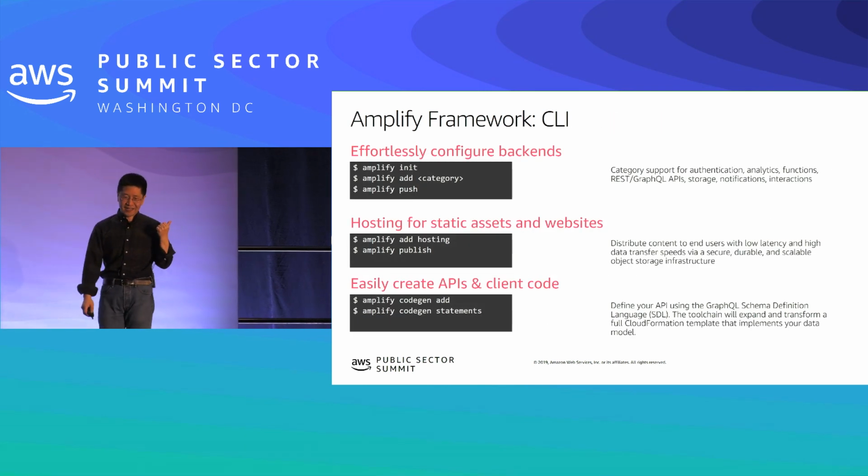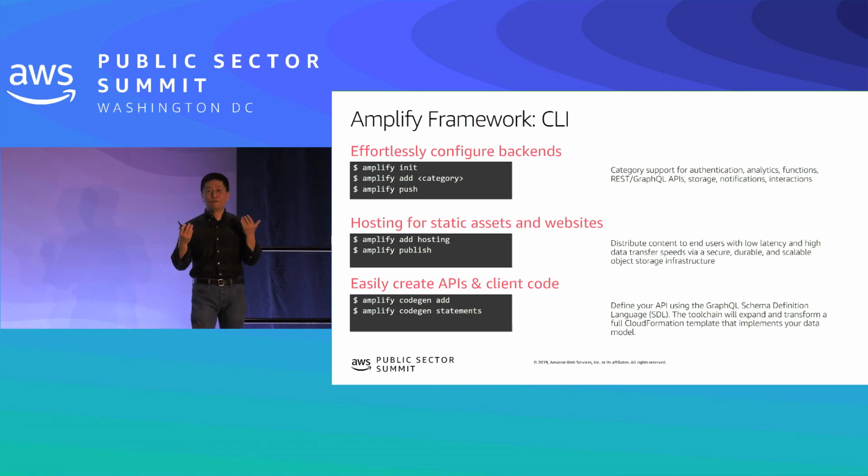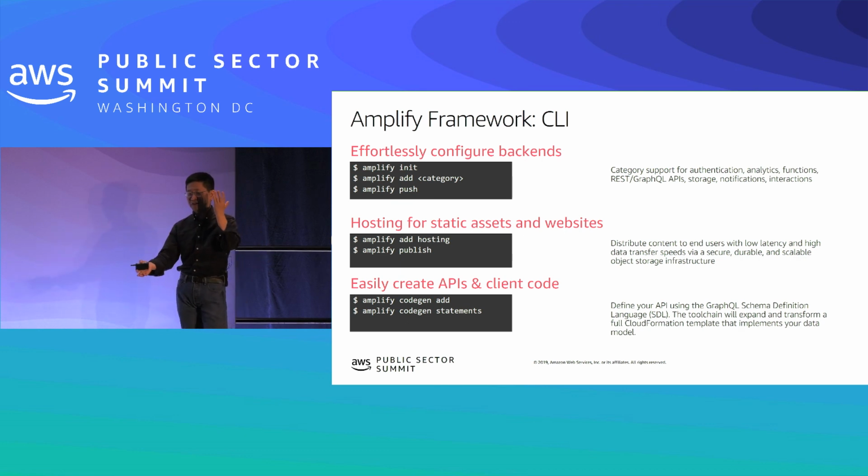So the CLI is straightforward. You do init for your project, to initialize, which basically gives you a directory structure. Then it will create some CloudFormation template for you. We call it the parent stack template or root stack template.